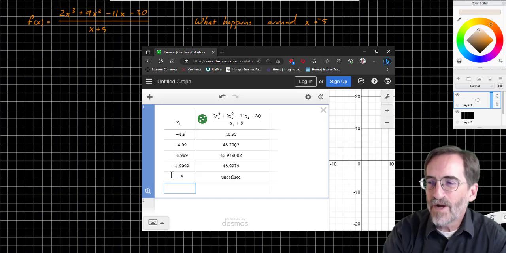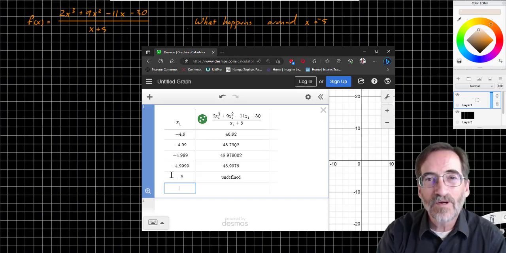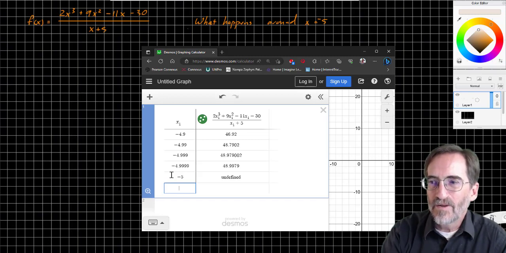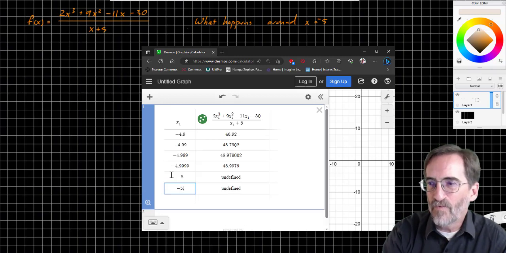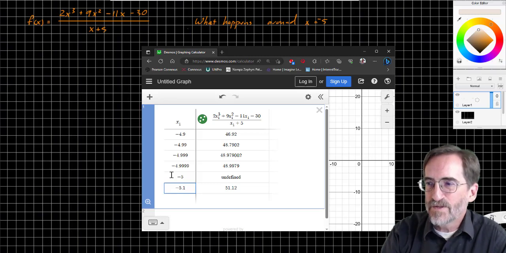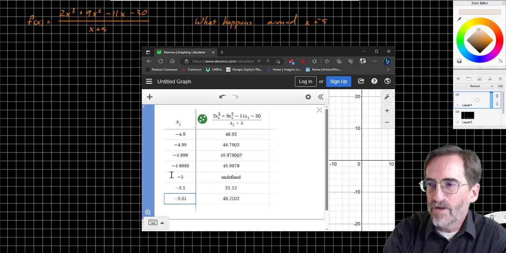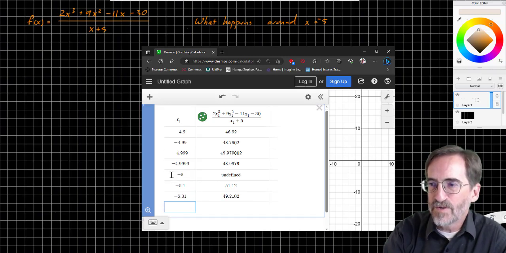Okay, let's try it from the other side. Let's try something less than negative 5. Negative 5.1: 51.212. Negative 5.01: 49.202.